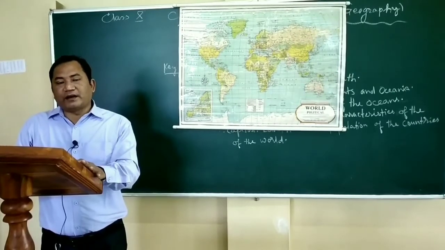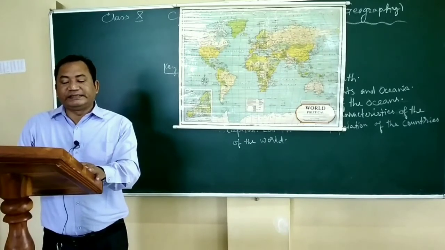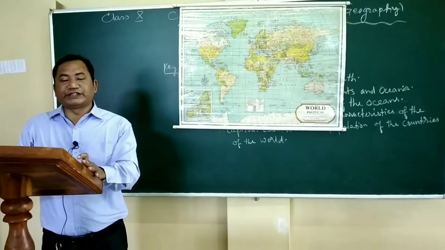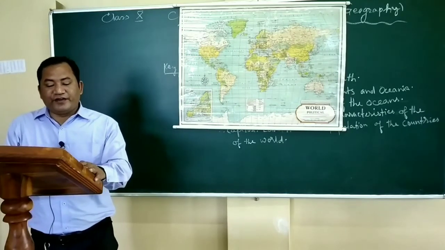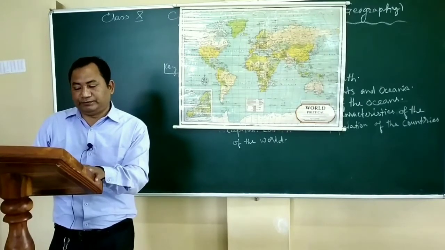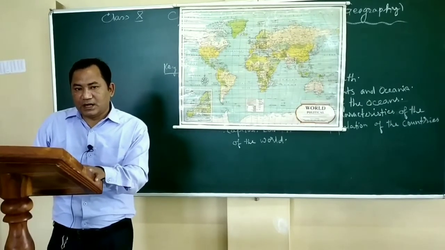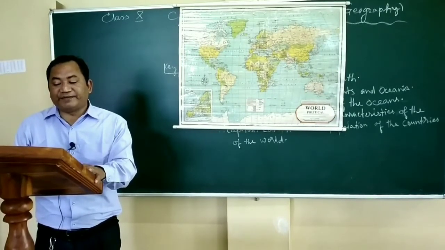Now let us discuss about the Arctic Ocean. It has an area of about 14 million square kilometers and it is the smallest ocean in the world. Its area is about 1/5 of the Indian Ocean. As the Arctic Ocean surrounds the North Pole, its shape is circular.